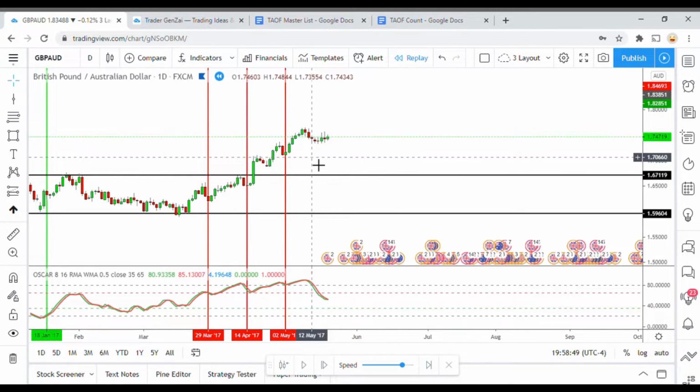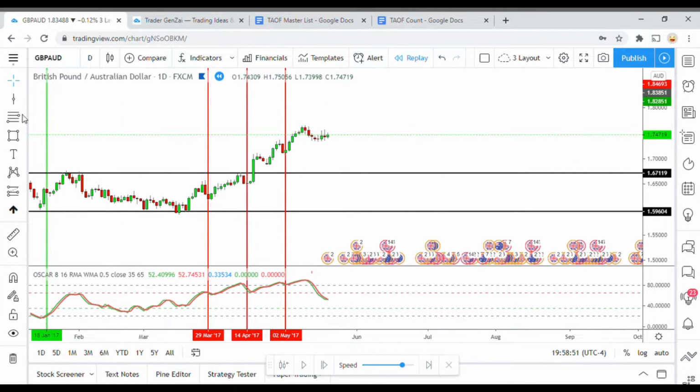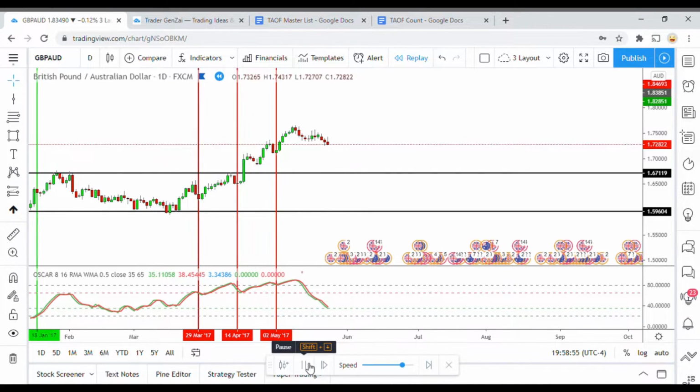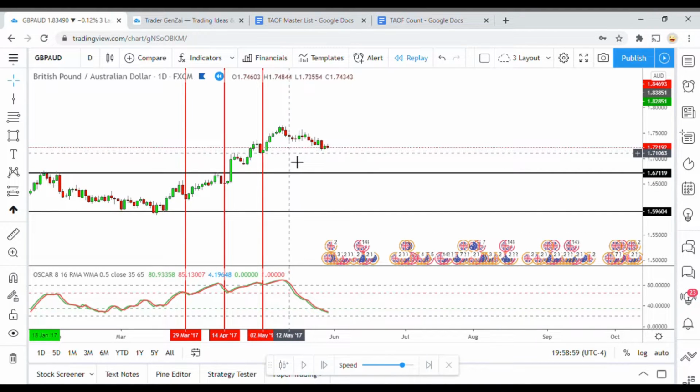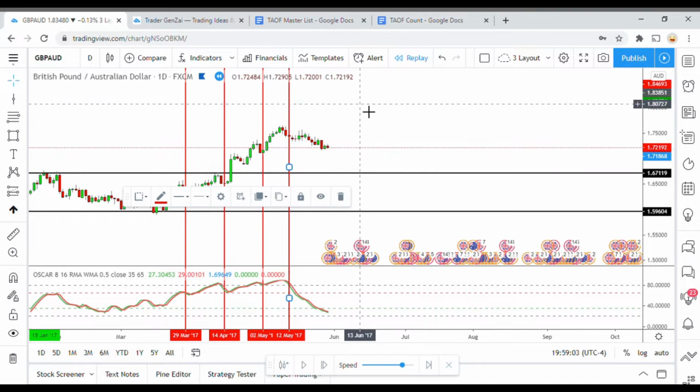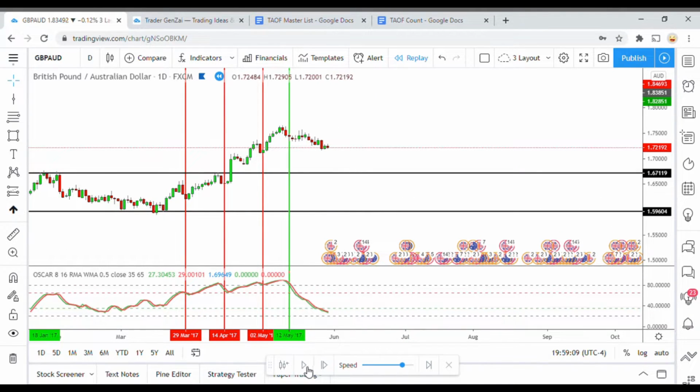But let's see. Let's play this out a little bit because we're technically on a short right now. There it goes. So that one would have gotten us to take profits.